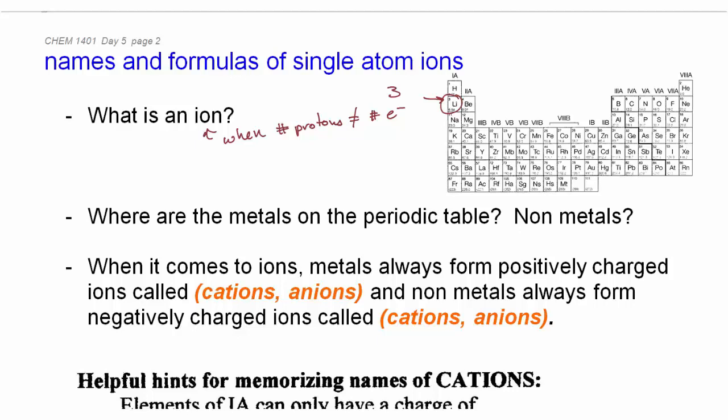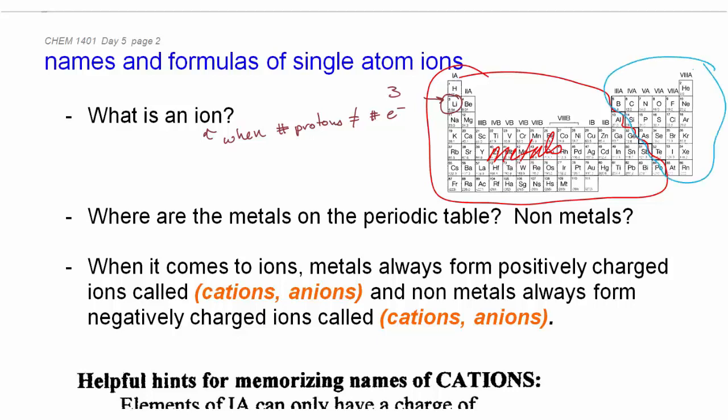Okay. Where are the metals on the periodic table? The metals are pretty much this entire side of the periodic table. There's the metals. The nonmetals, here's the nonmetals. When it comes to ions, metals always form positively charged ions called cations.